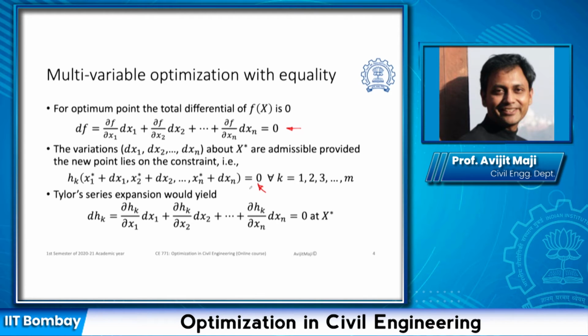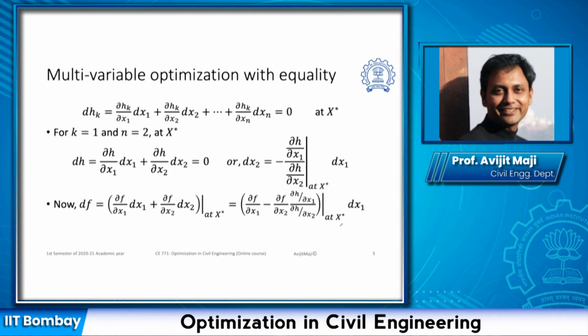Now if we expand this equation using Taylor series, we have shown that the equation will convert into this, which is equal to 0 at the optimum point x star. When we consider this equation for two variables and one constraint, we could write the equation as shown here.